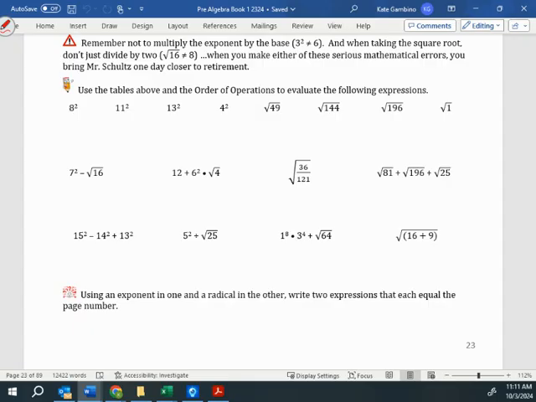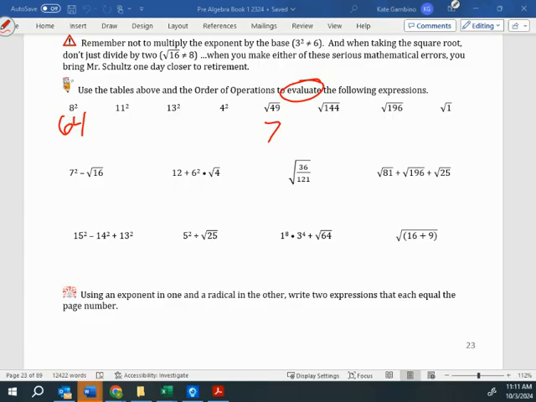You're just using the table, right? 8 squared. We need to evaluate what is 8 squared. Adley, 64. So that's an easy one. We have square root of 49. Claire? 7. Okay, that's all you have to do for that first row. Just look at the table.